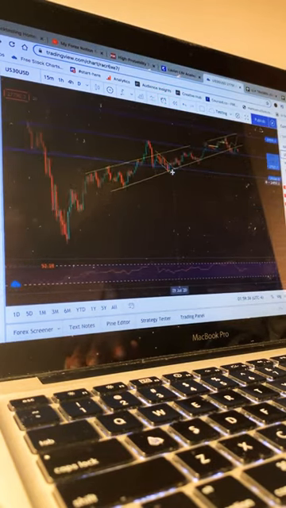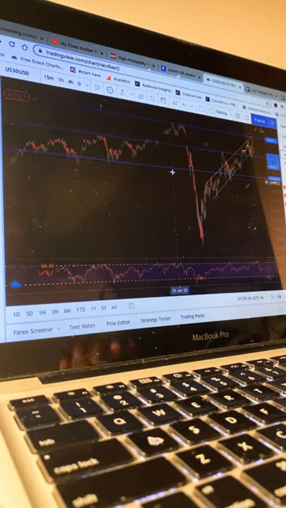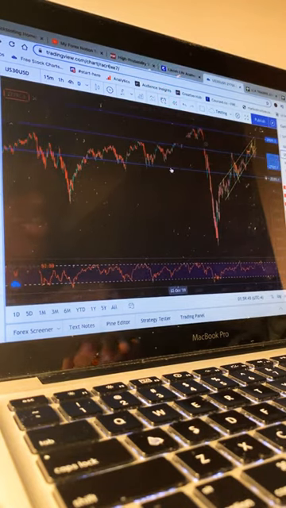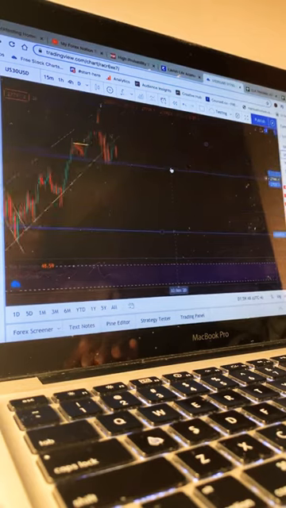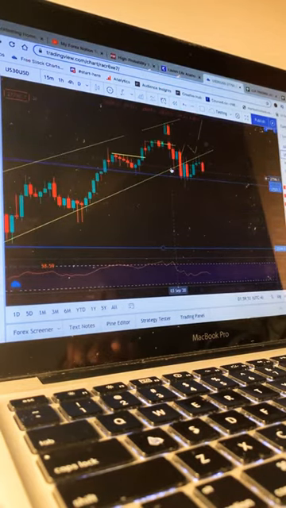So yeah, that's a level that US30 kind of respects. You could even see it when I zoom out into like 2019. At this level, it does tend to respect it as one of its key levels for support or resistance. But that's pretty much it.